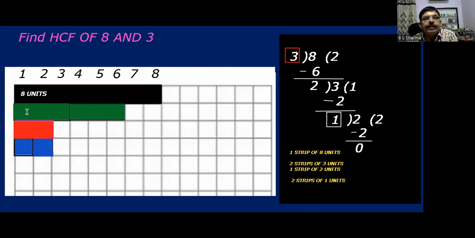These are 2 strips of 3 units each, so right here that is of 3 units, and this is also 3 units. That is only one strip of 2 unit. So right here, that is 2 units. That is only one strip.